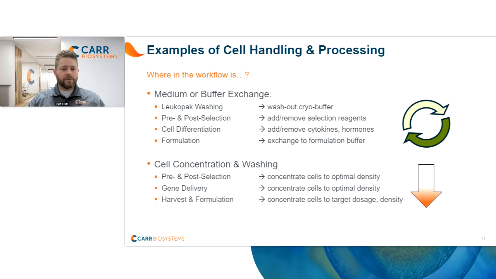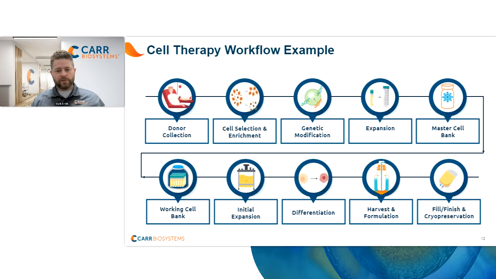But as you think about a cell therapy workflow, of course, they're all flexible and slightly different. Where do these handling steps come in? From donor and collection, to enrichment, gene modification, expanding into banks, expanding and differentiating, and final harvest and formulation. Across this workflow, where do we see cell handling processes optimize the individual unit operations?